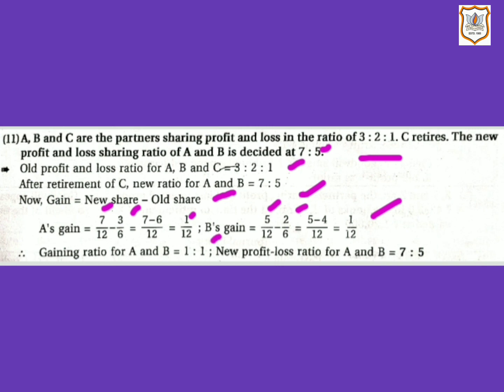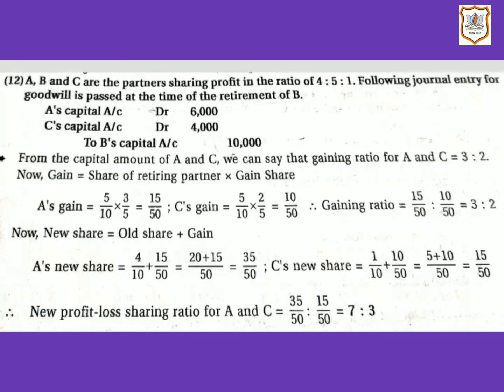And new profit and loss sharing ratio is already given in the question, that is 7:5. Now let's solve question number 12. A, B and C are the partners sharing profit in the ratio of 4:5:1. Following journal entry for goodwill is passed at the time of the retirement of B.